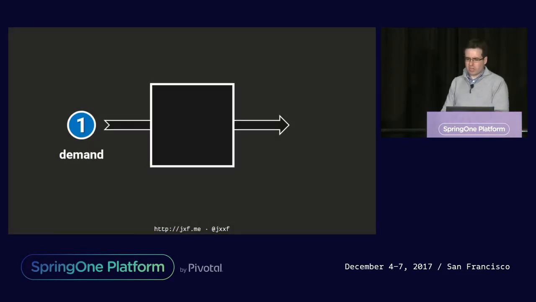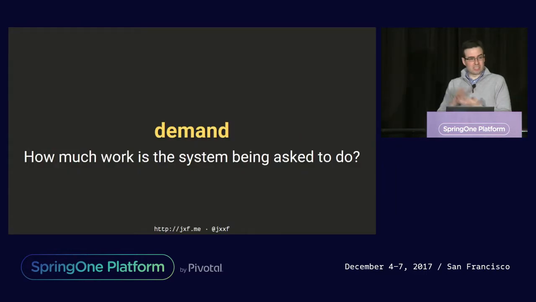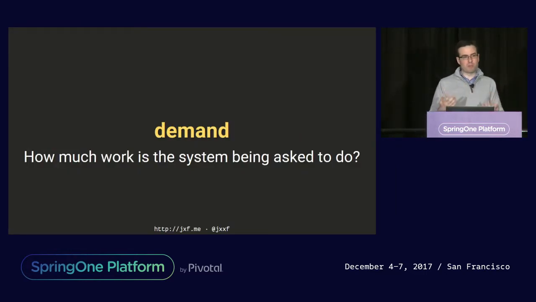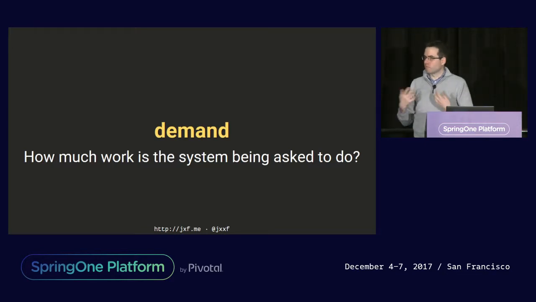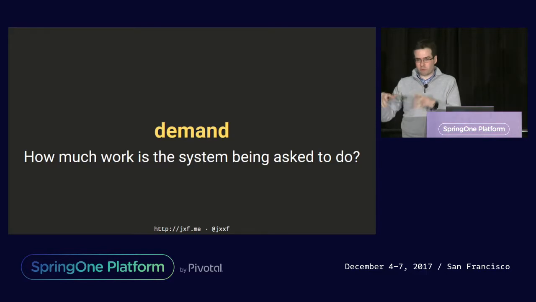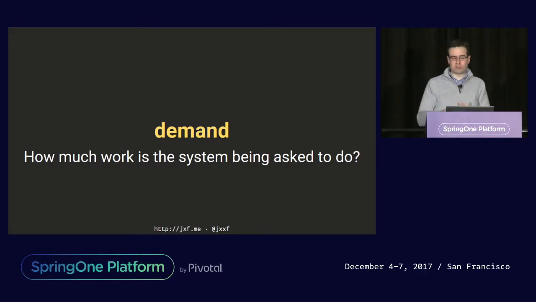The first property is what I'm calling demand, or how much work is the system being asked to do? If this is a database, you might say that work means something like the number of queries that it receives. But that might be a different thing for different kinds of databases. It would depend on the specifics of the responsibility of that system. But that's the first key thing: how much work is the system being asked to do?